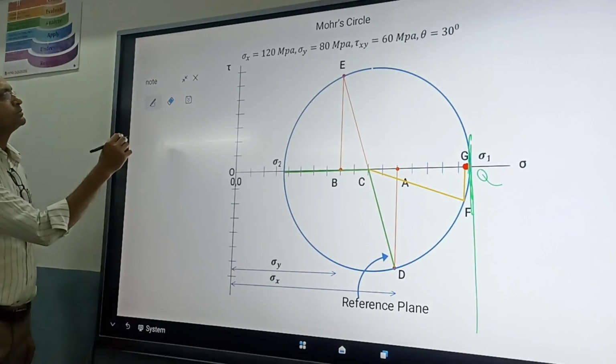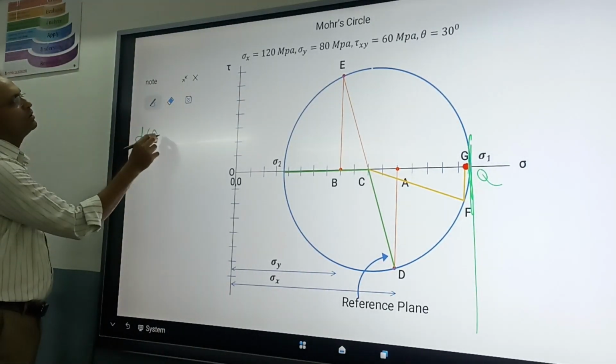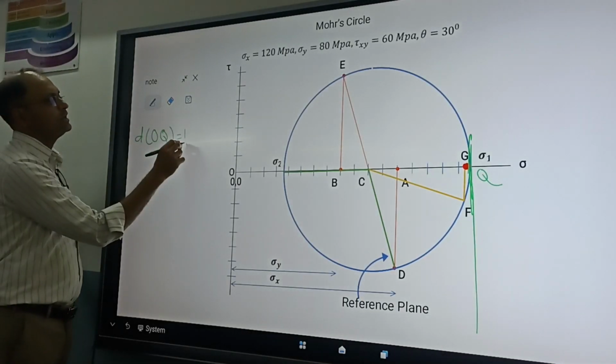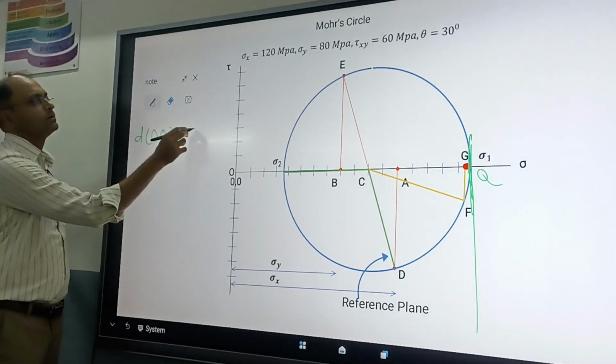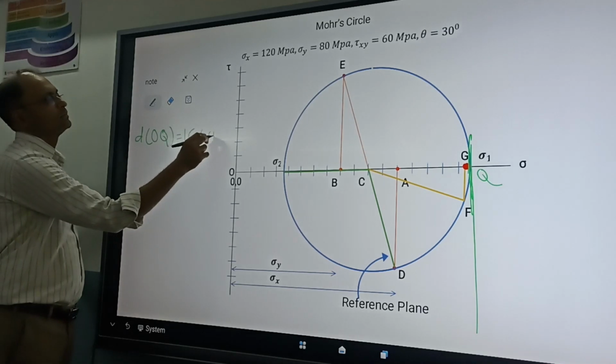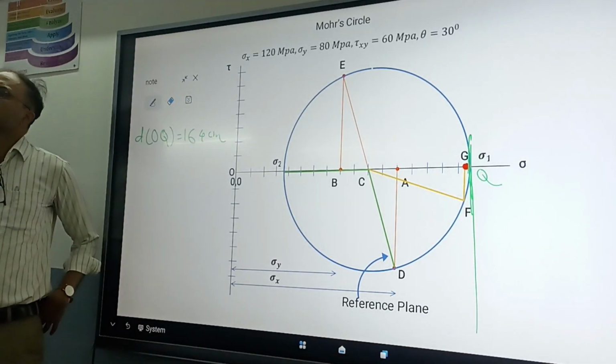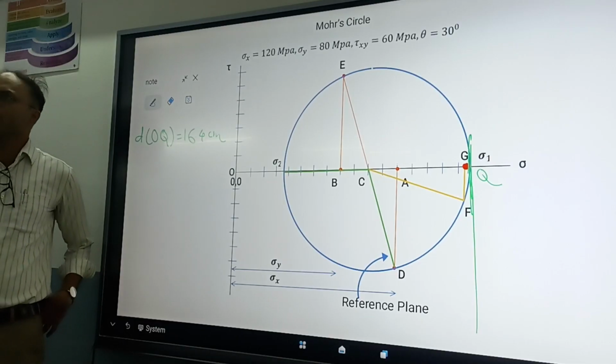16.4. Distance OQ is equal to 16.4 centimeter. 16.4 or even 16.5 is acceptable.